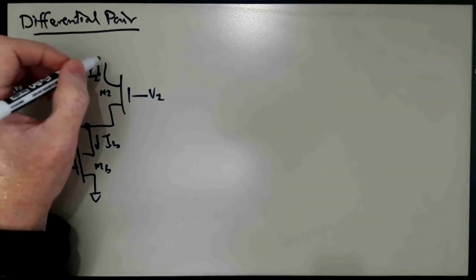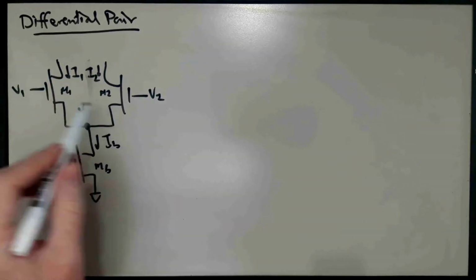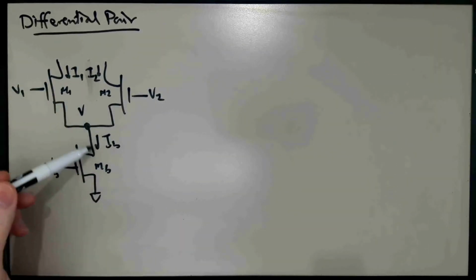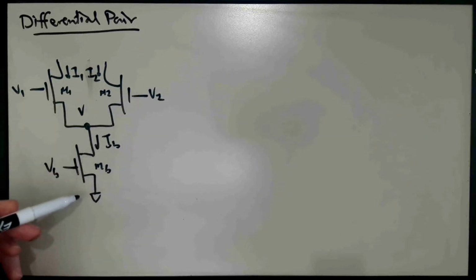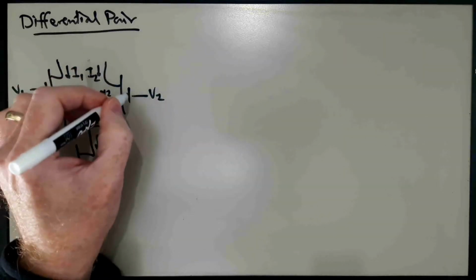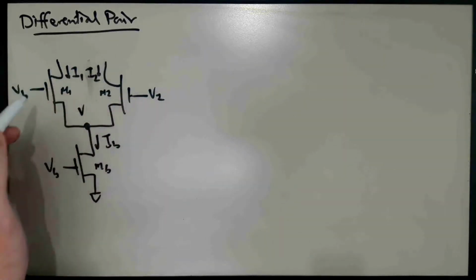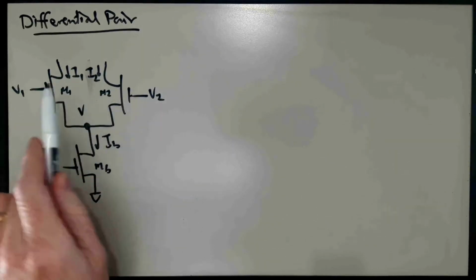So we have here our two matched transistors. They're sharing the bias current that's being sunk by the bias transistor. And what we found was that depending on the values of V1 and V2, this bias current would be steered more to the left or more to the right.